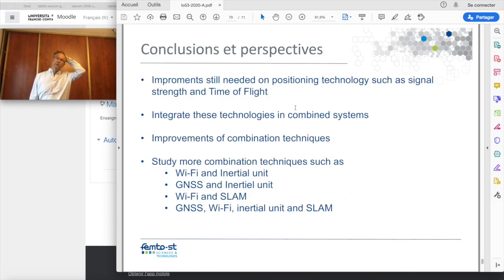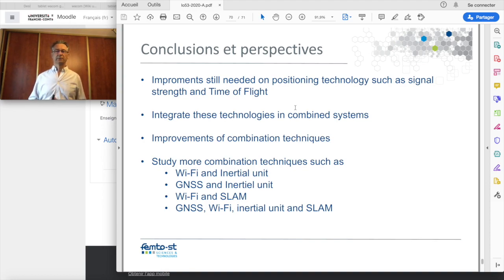So what can we conclude? As you can see, there is a lot of work which must be done on signal strength and time of flight in order to improve indoor localization systems.